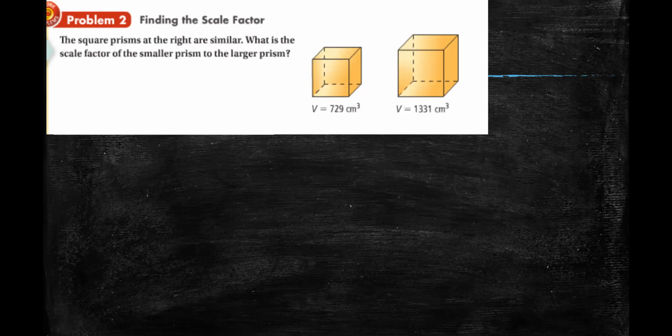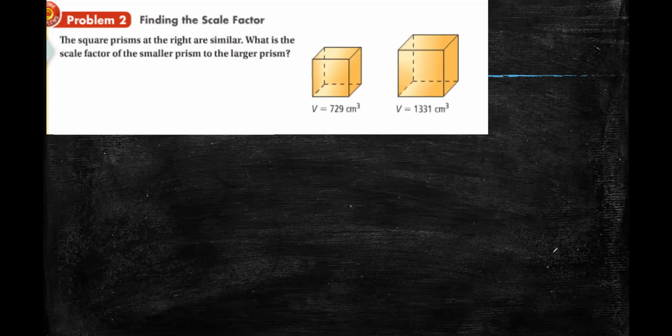I want to first take the cubic root of the volumes. Here now we have to write the scale factor, which is a over b. But here I have the volume of the first figure and the volume of the second figure.